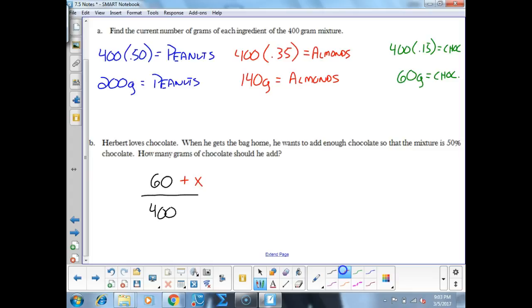But if he adds chocolate to that bag, he's also adding grams to the total mixture. So he's adding X grams of chocolate, which is adding X grams to the total weight of that bag, and that then he wants to equal 50%, which is half of his bag. Okay?